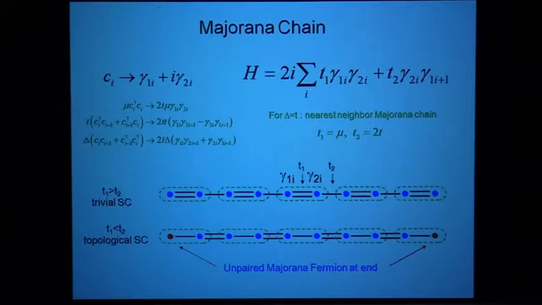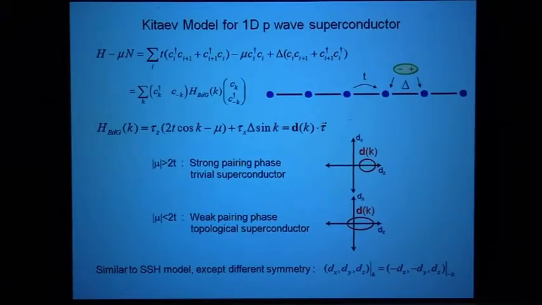Okay. So this is Kitaev's Majorana chain. Yes. So the fact that your D vector lies in that plane, is that a gauge dependent state? Yes. So if I do a U(1) gauge transformation, what that does is that changes the phases of these C's.